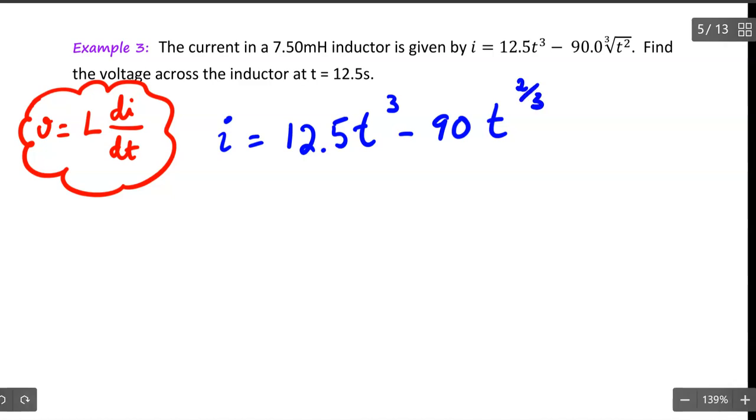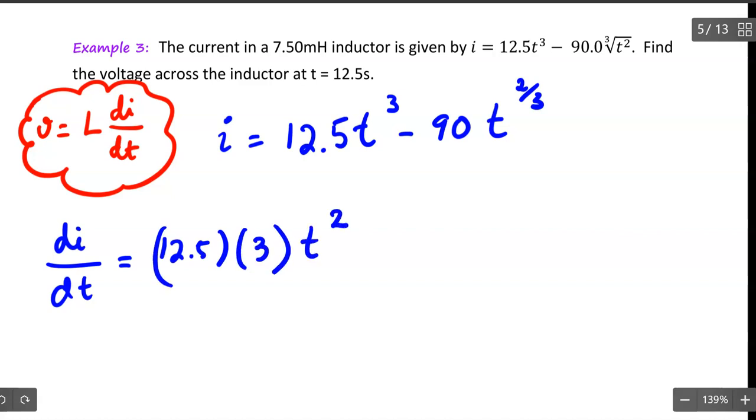Okay, so the next step is I will find the derivative of I with respect to time. So I will have 12.5 times 3 multiplied by t squared, minus 90 times 2/3 multiplied by t to the exponent 2/3 subtract 1, I should have negative 1/3.